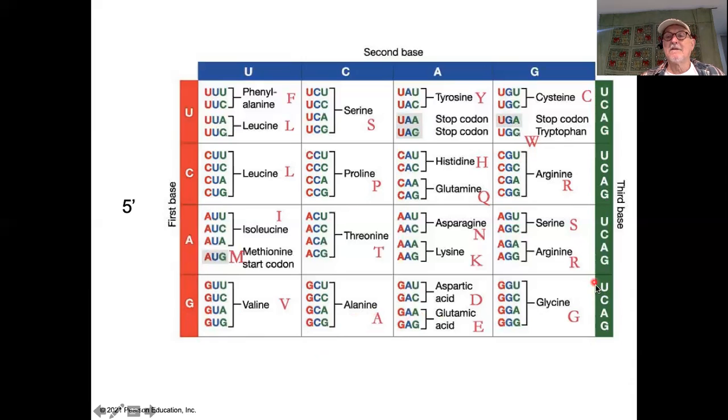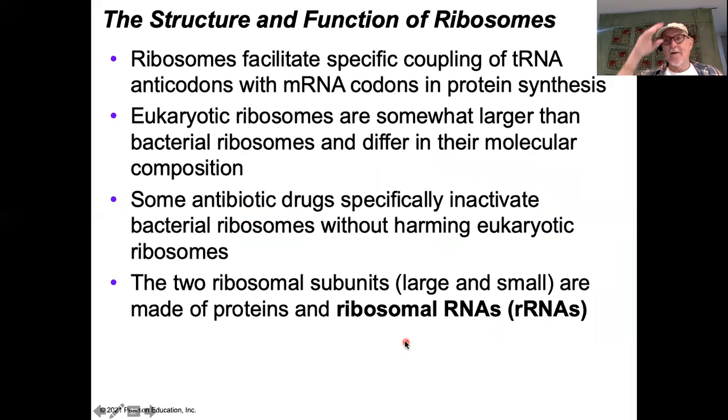GGC, there it is, and there it is, glycine. That's exactly what we saw that tRNA carrying, right? GGC is glycine. And the anticodon that's on that tRNA, go back and check again, CCG, will base pair there and bring in glycine where this codon occurs. So that is basically the way in which it's going to work.